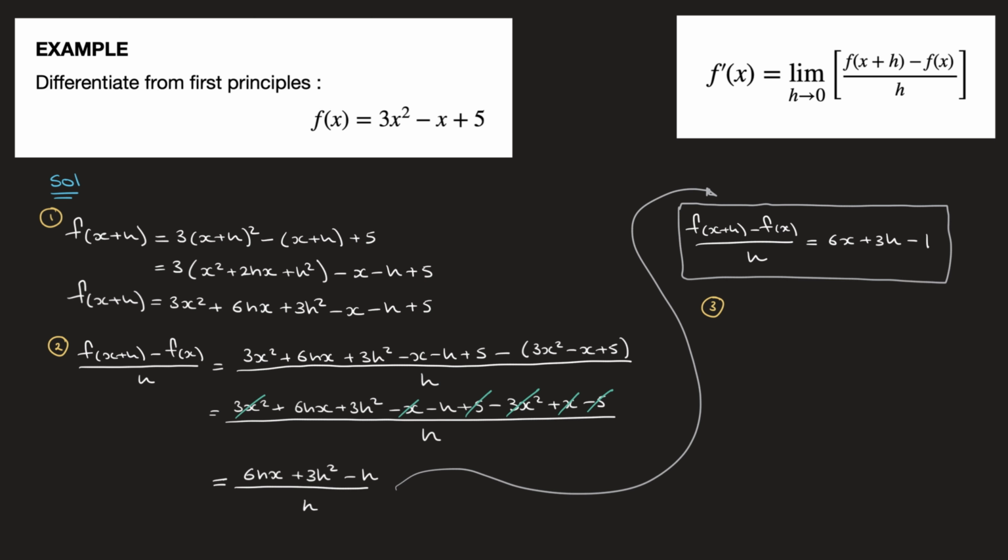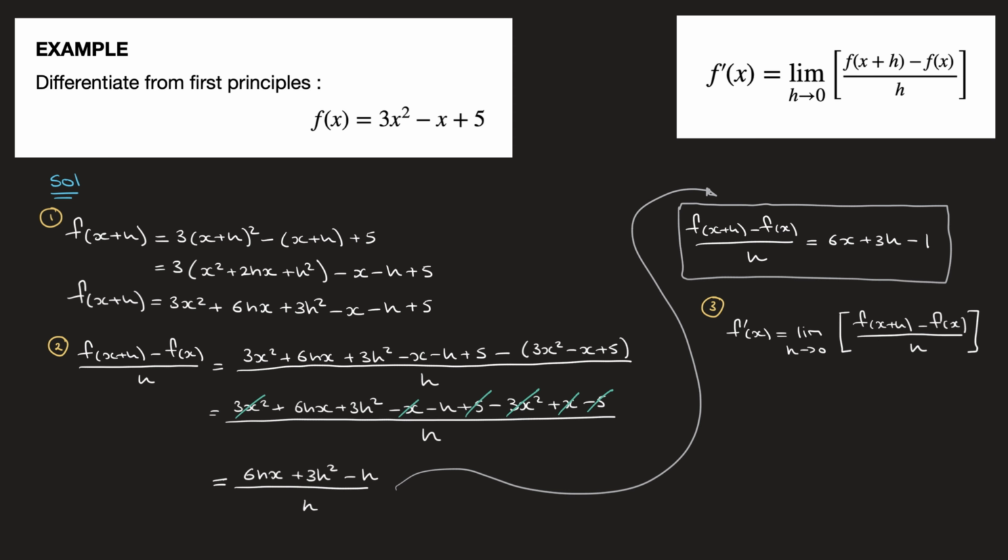Here we're really going to use the fact that the derivative function f dash of x is equal to the limit as h tends towards 0 of that difference quotient, so of f of x plus h minus f of x, and both of those are written over h. There we go.